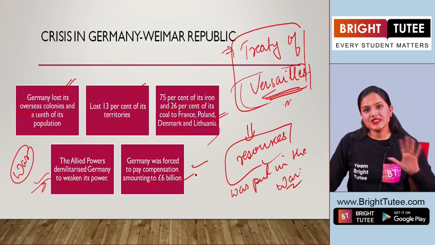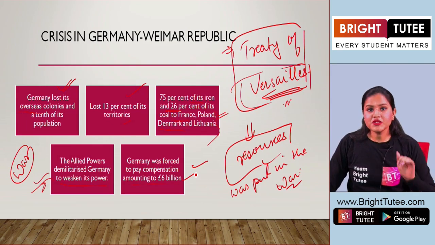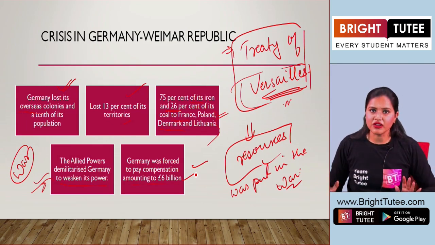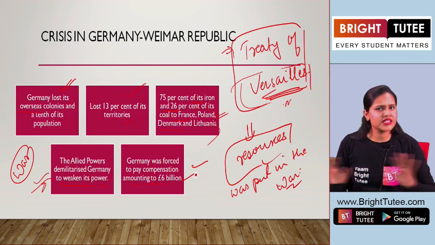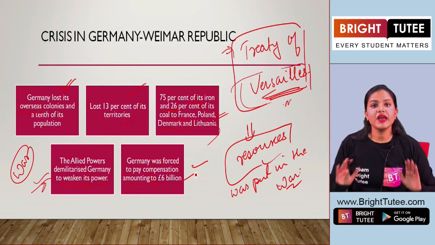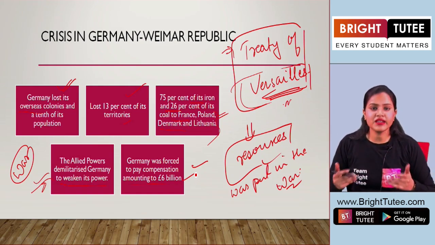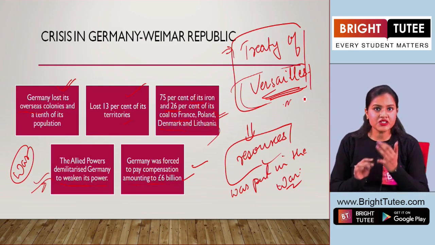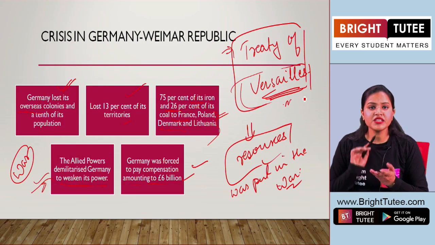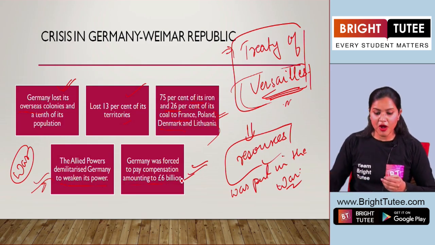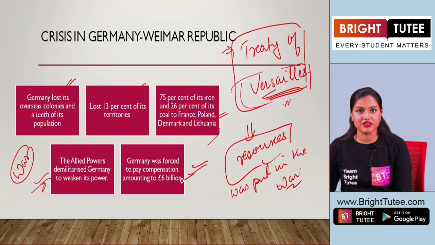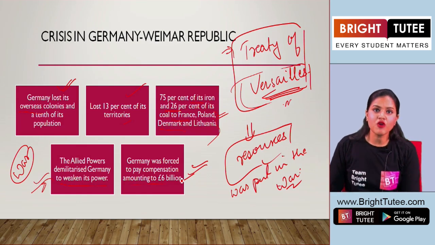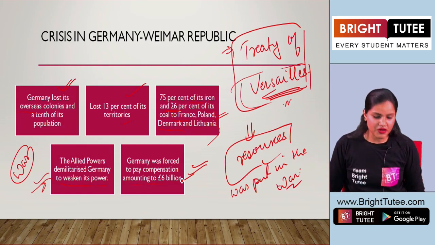Now, imagine the situation again. All these people have already suffered a lot. Germany has lost the war. There is nothing more to gain, right? But the situation worsened with this Treaty of Versailles. They are losing their territories. They have to pay the compensatory amount, amounting to 6 billion pounds, right? So it was a huge amount for these people, okay?